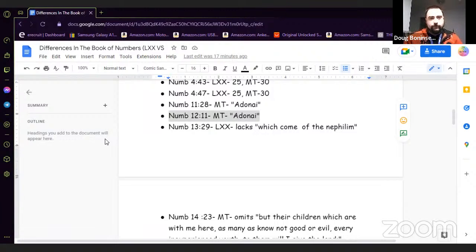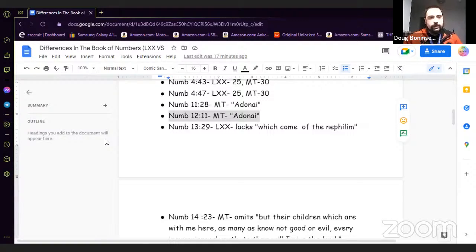Numbers 12. Okay, all right, so it says, "And Aaron, my master," you look for the word of master there, or Lord in English, H113, Adon, or Adonai.